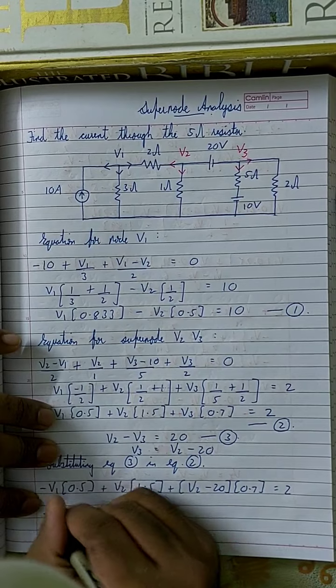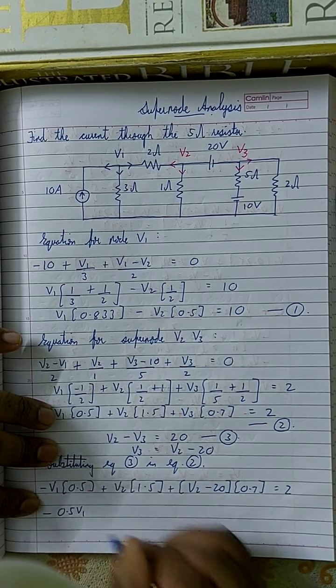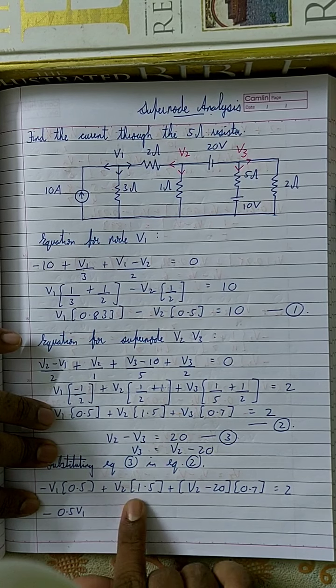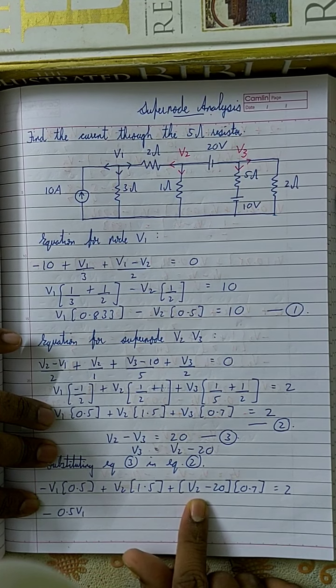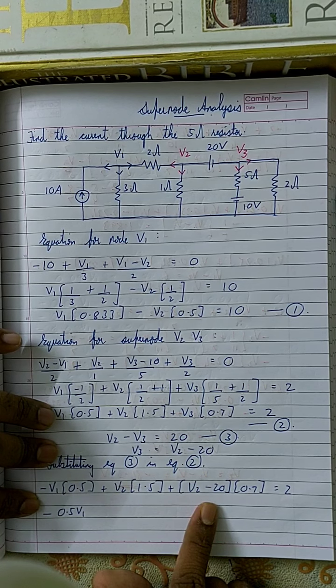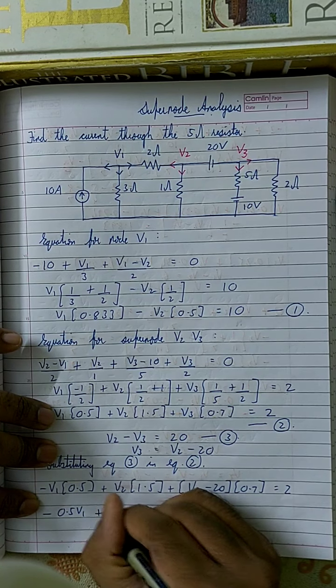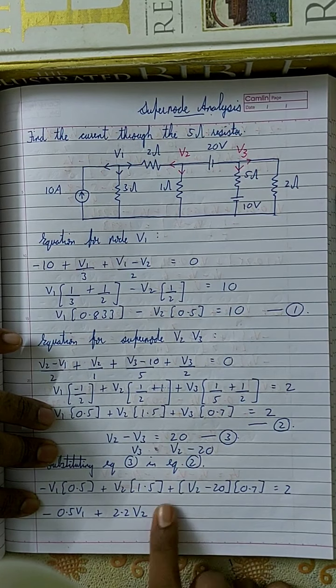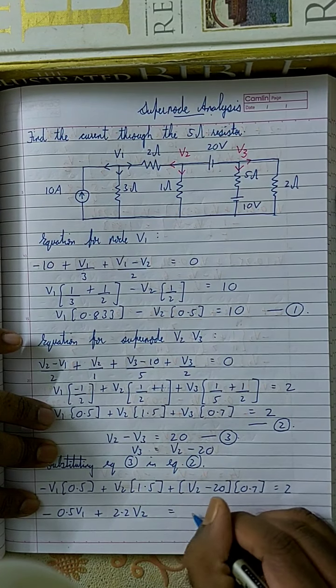So what you have here is minus 0.5 V1, and here we have 1.5 V2, and here you have 0.7 V2. So 1.5 plus 0.7 is 2.2. So you have plus 2.2 V2, and then we have is equal to 2.